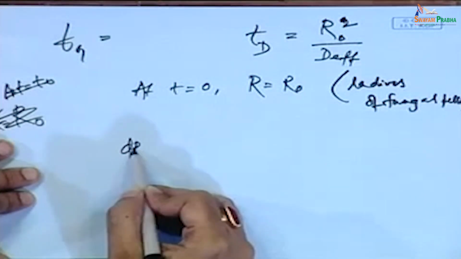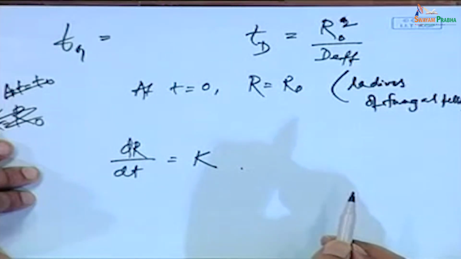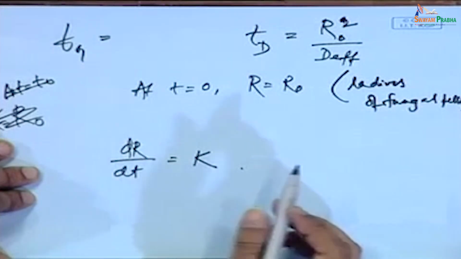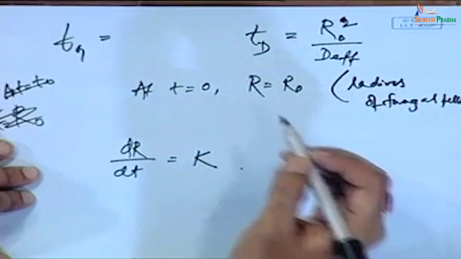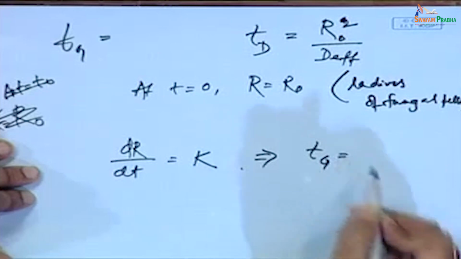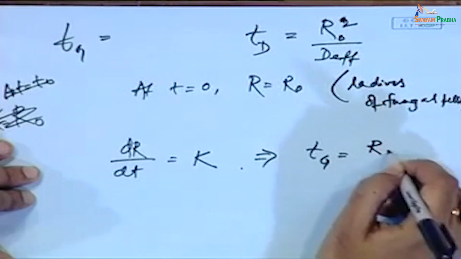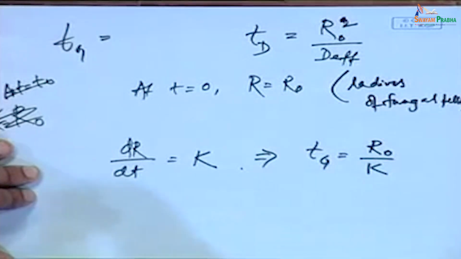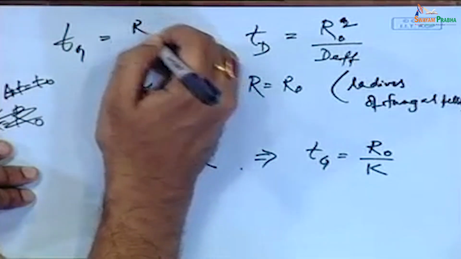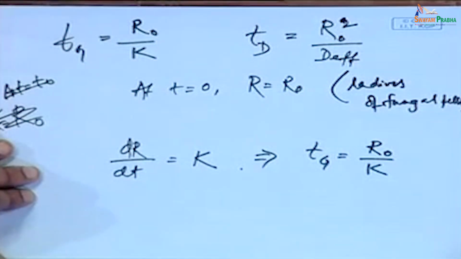What was dr/dt? K. So Tg would be r naught over K. Right.